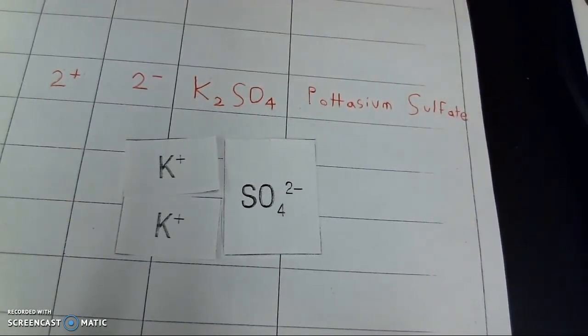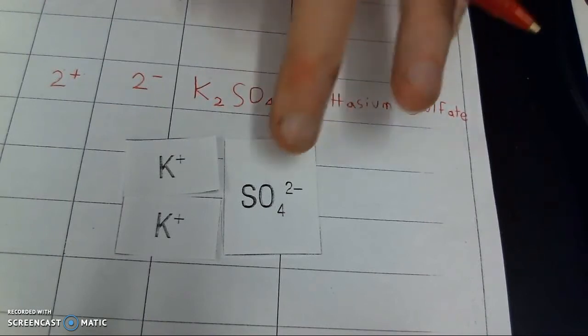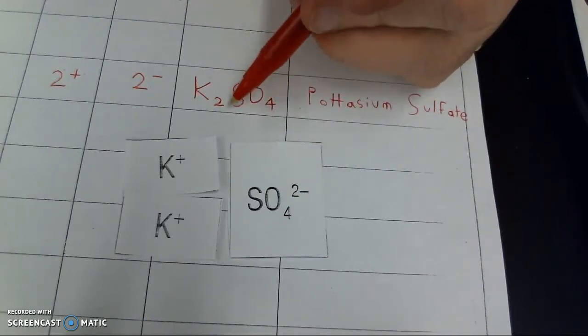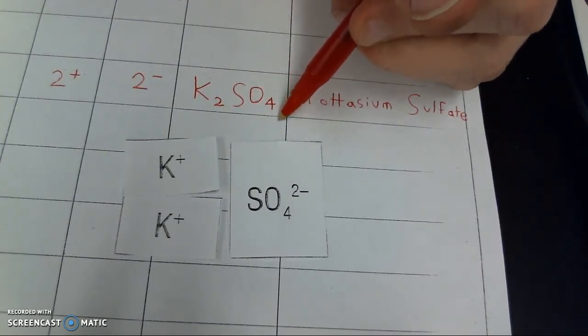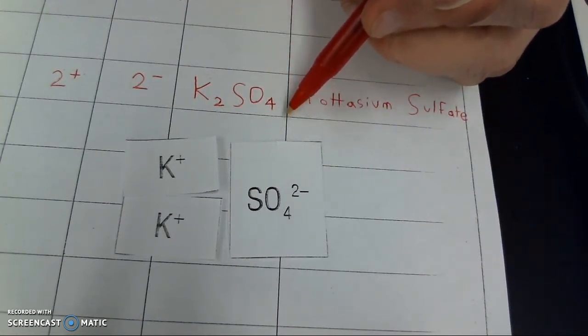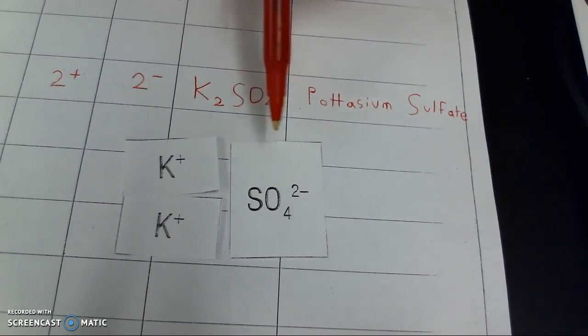Keep in mind that if you had needed 2 of these, you would put parentheses around the sulfate and you would put the subscript outside of the parentheses. In this case, you do not need that because you only need 1 sulfate.